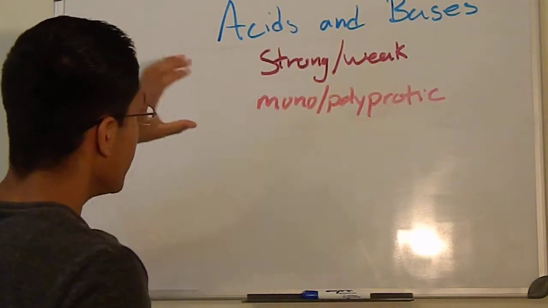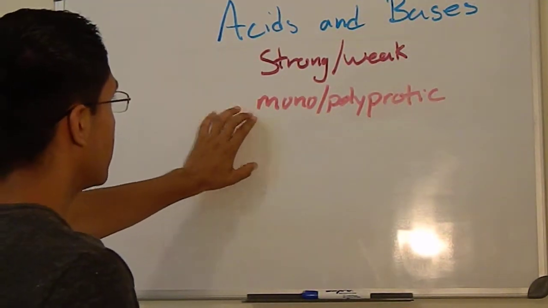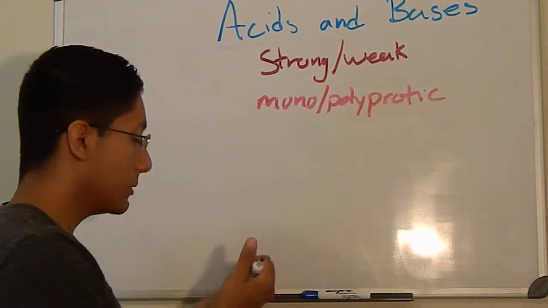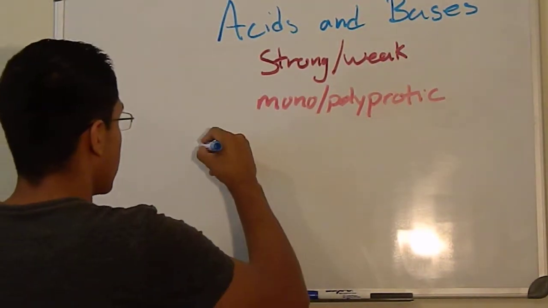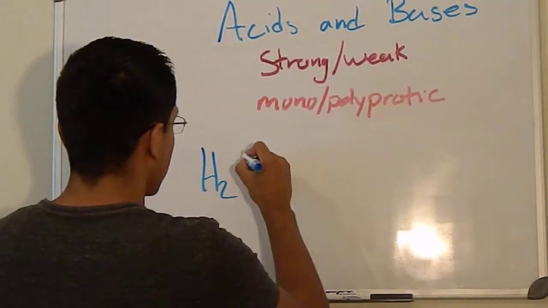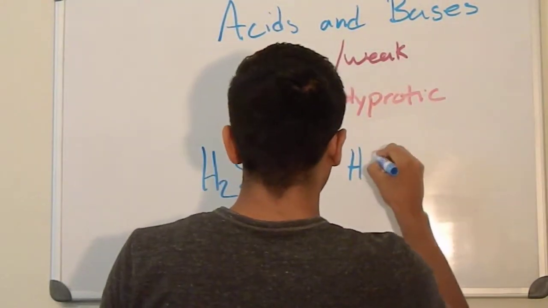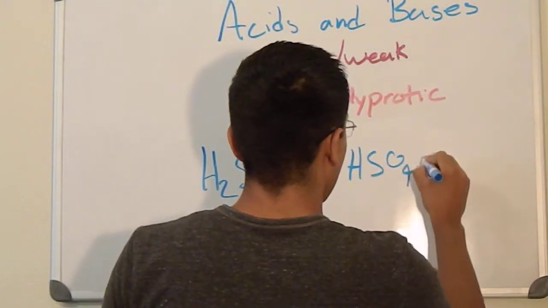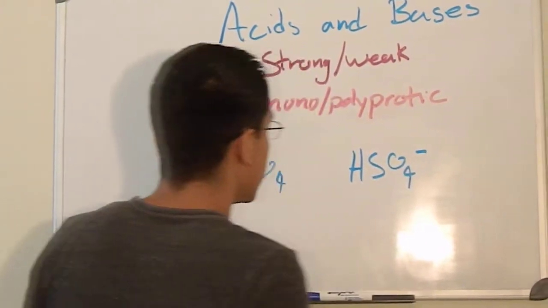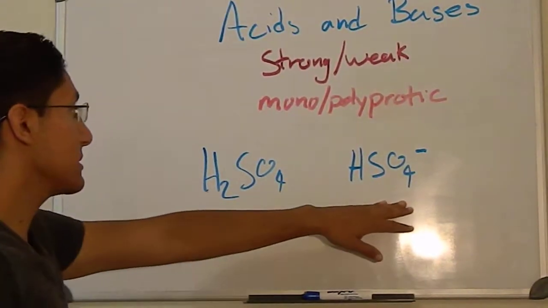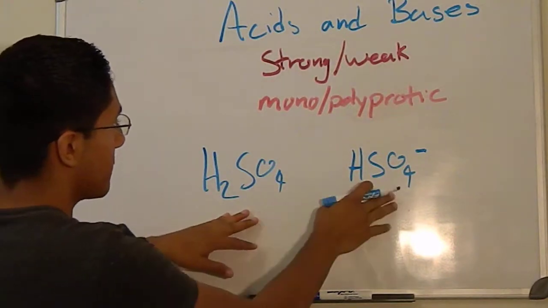So, monoprotic and polyprotic, this is simple enough. What it's saying is that there are acids that are like, this is an acid, this is an acid, and you can see that this comes from this.